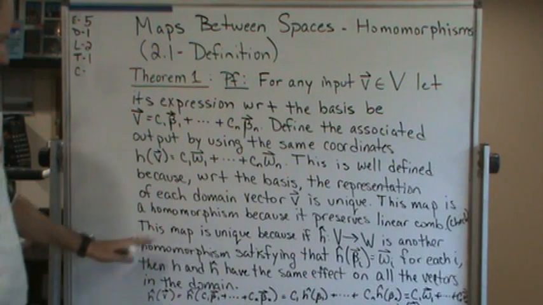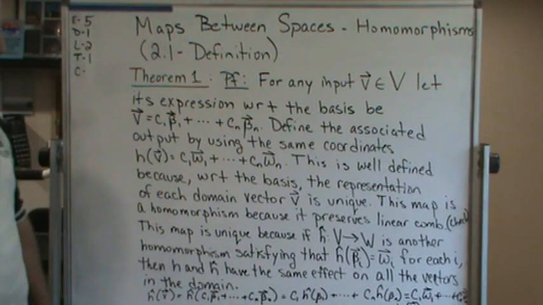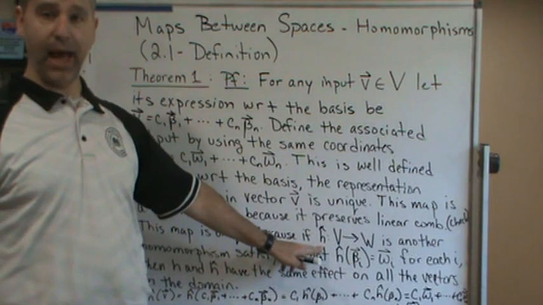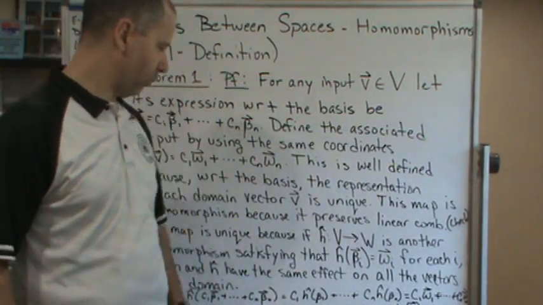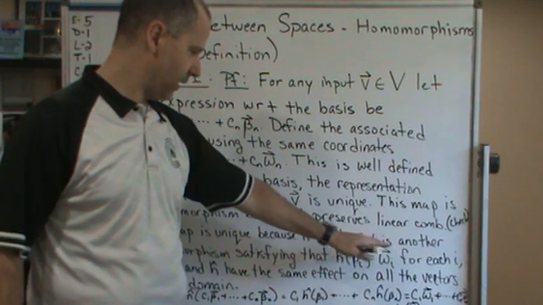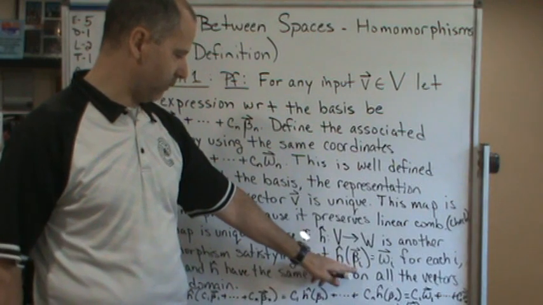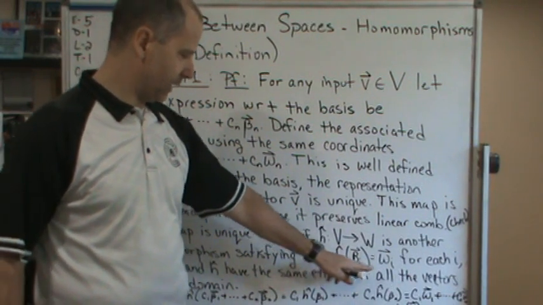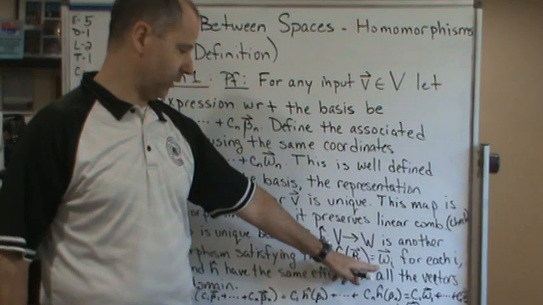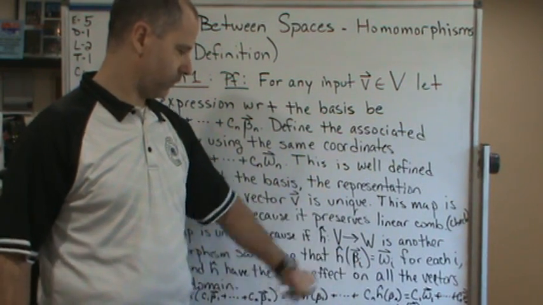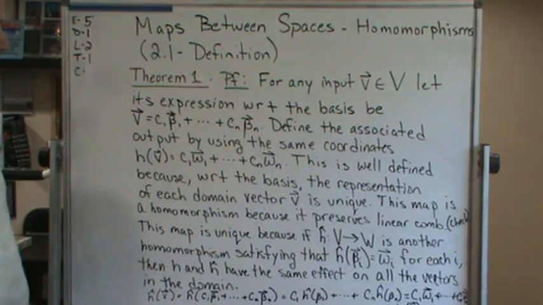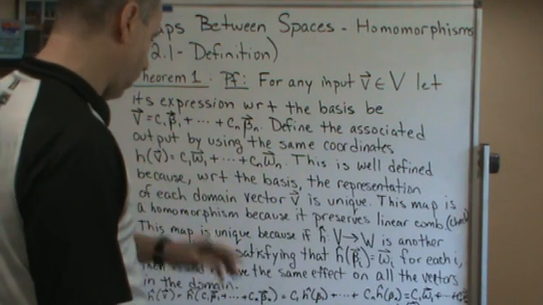This map is unique because if we have an h hat that has the same mapping, right? So let's call this mapping h hat, another homomorphism satisfying that h hat of each of the beta vectors is equal to the w sub i vectors, for each i.